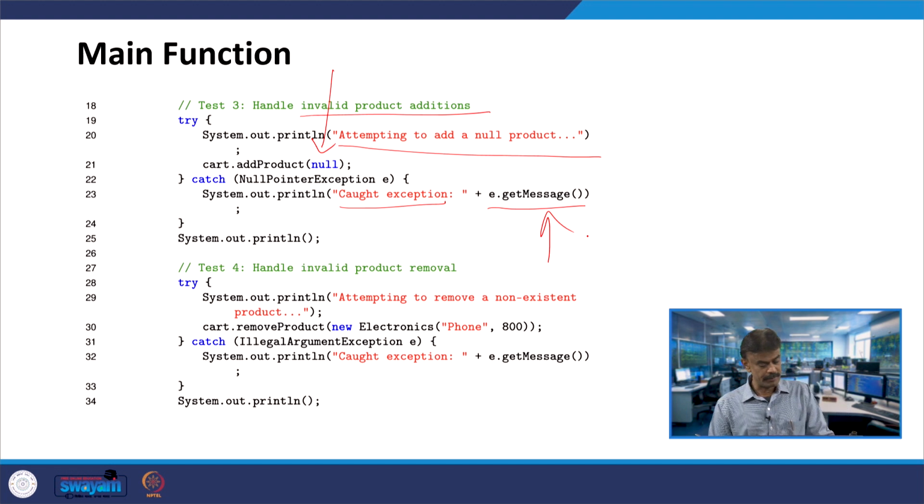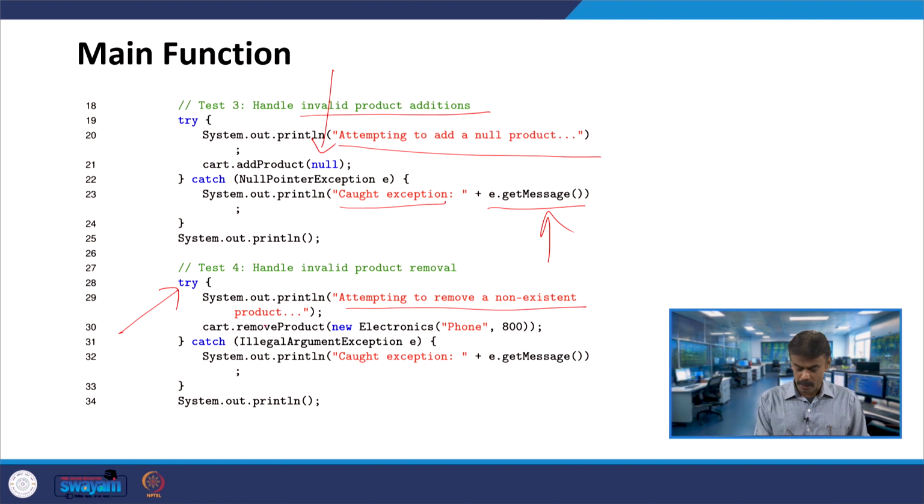The caught exception message will be printed. Then you have one System.out.println for a new line, and the next test is handling invalid product removal, using try and catch. You are printing "Attempting to remove a non-existing product". The cart is invoking removeProduct with phone comma 800, but if you recall, we have only laptop 1000.